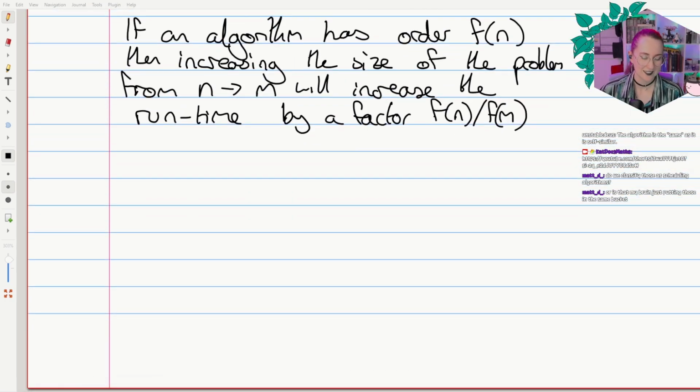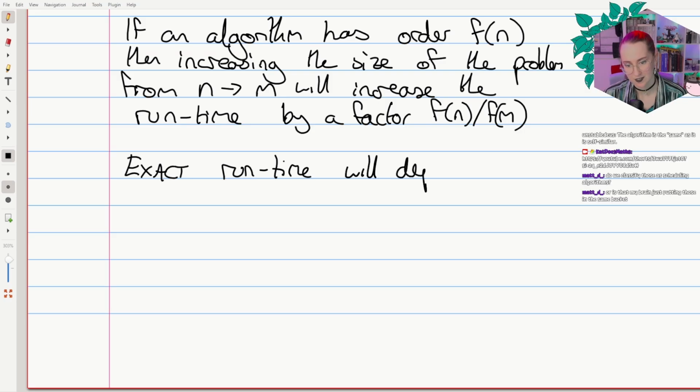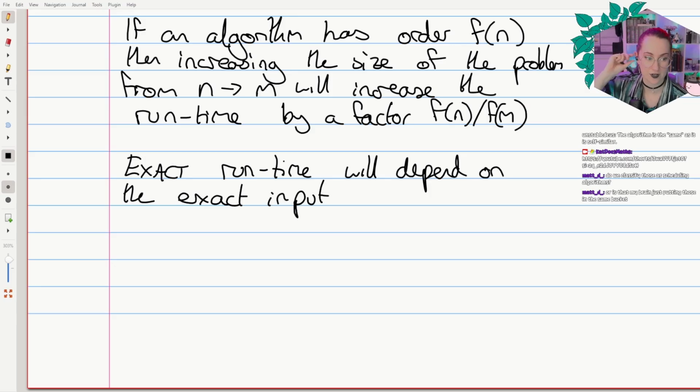So the one thing to keep in mind with this is that exact runtime will depend on the exact input, right? Sorting a list of 3,000 is going to take a while, but if they're already in order, I only need to compare next entries once.